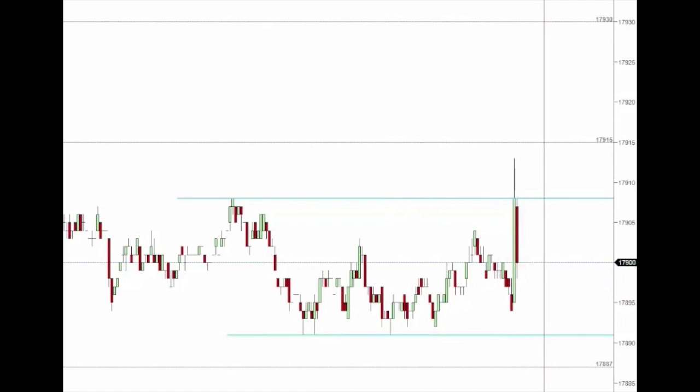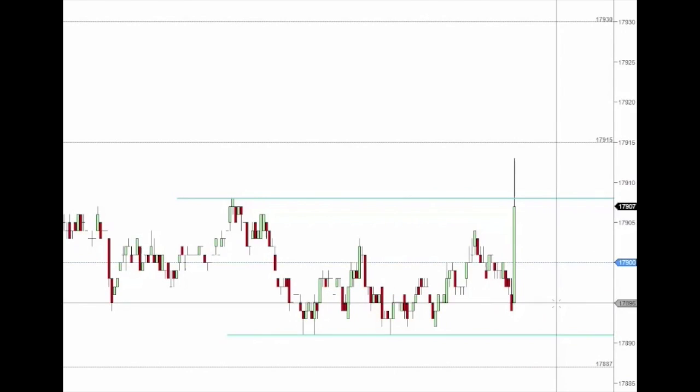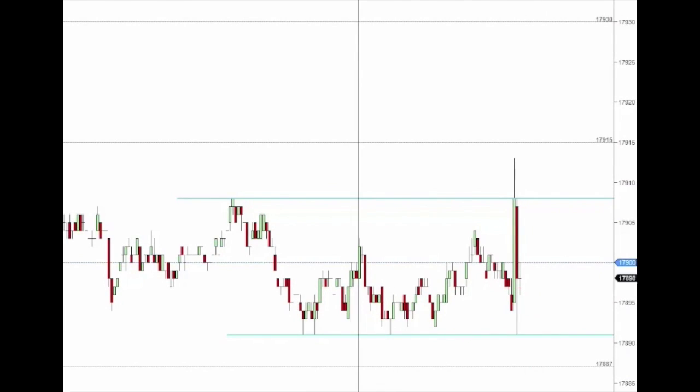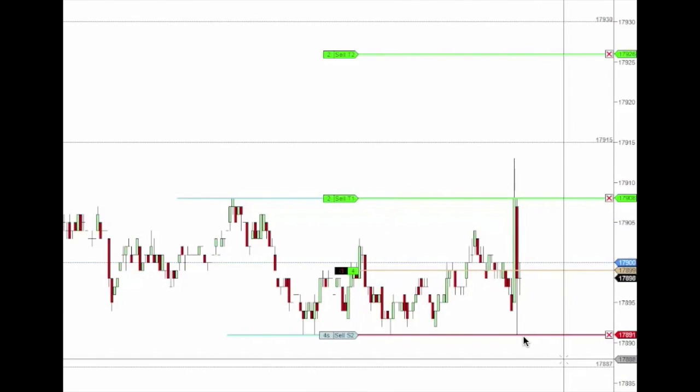All right, so for instance, with this trade here, my first trade was here and my stop was down here.